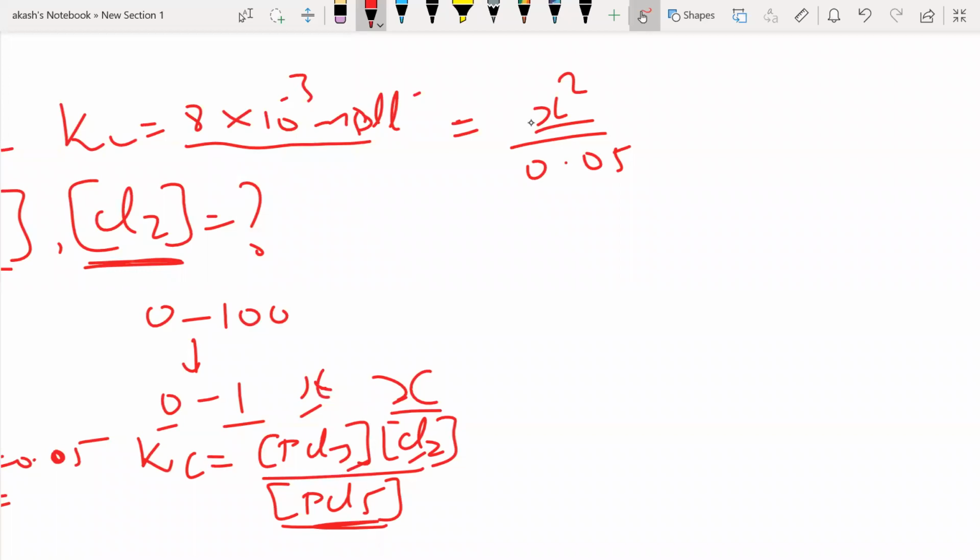So if this is X and this is also X, multiplication will give me X squared. 0.05 I can write as 5 into 10 to the power minus 2, right? So if I bring it here, I can write X squared as 40 into 10 to the power minus 5, or I can write it as 4 into 10 to the power minus 4.